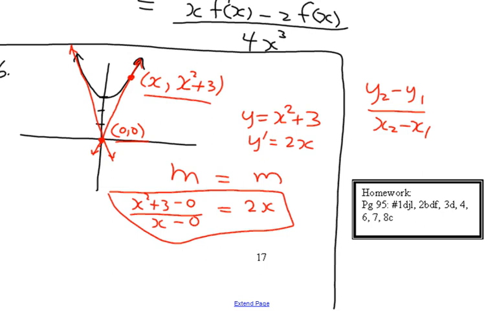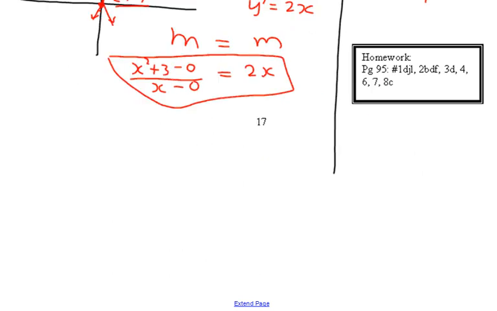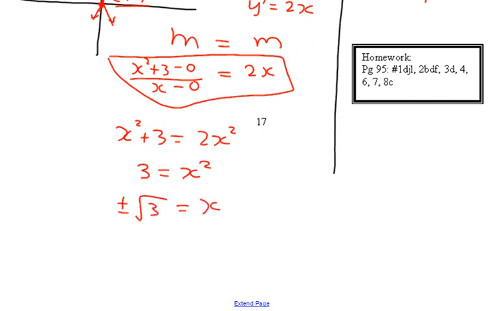How many are looking at positive negative root 3? Positive negative root 3. Okay. That's exactly what you should have got here. If you cross multiply, you get x squared plus 3 equals 2x squared. You subtract x squared. You take the square root. As I was walking around, I saw that many people had remembered the positive negative.